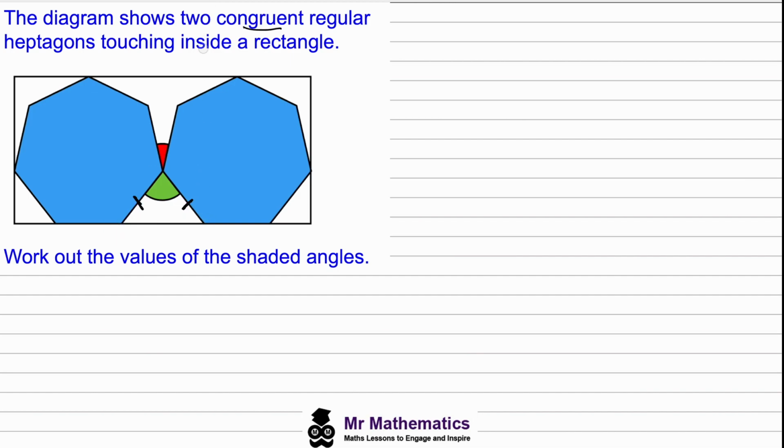just rub this out, as 360 degrees divided by 7, because all exterior angles are the same, and we've got 7 of them. So this will be 51.4 degrees. So this is 51.4, and so is this. So now we've got this isosceles triangle, we can work out this green angle if we just sketch this over here.